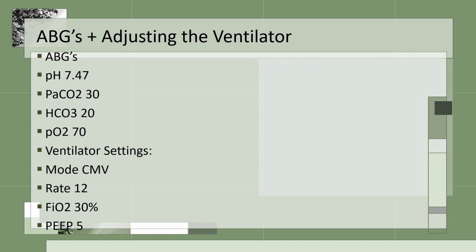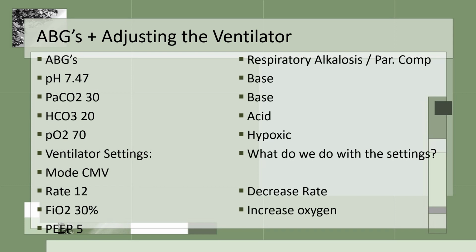On this slide, I need you to interpret the ABGs and think about what ventilator settings would need to be changed for this patient. So this patient has respiratory alkalosis.